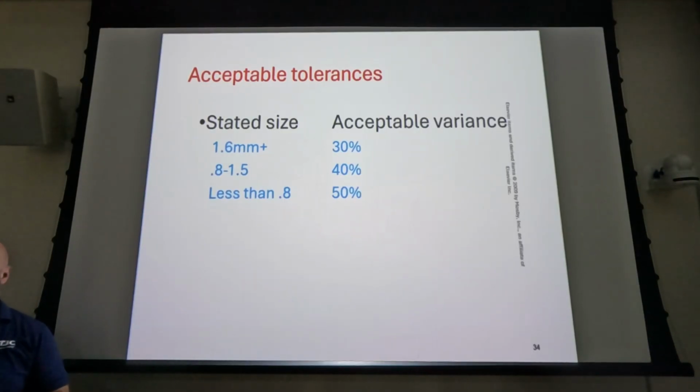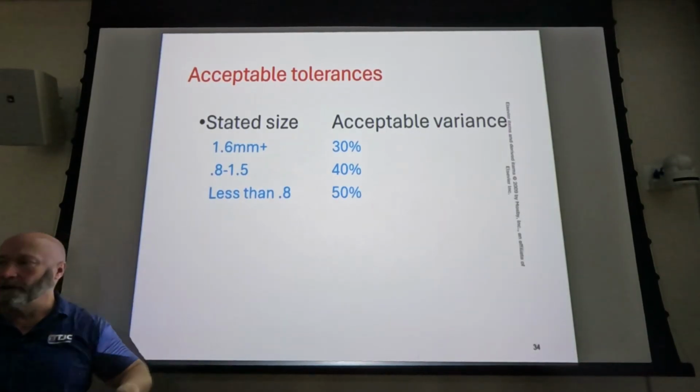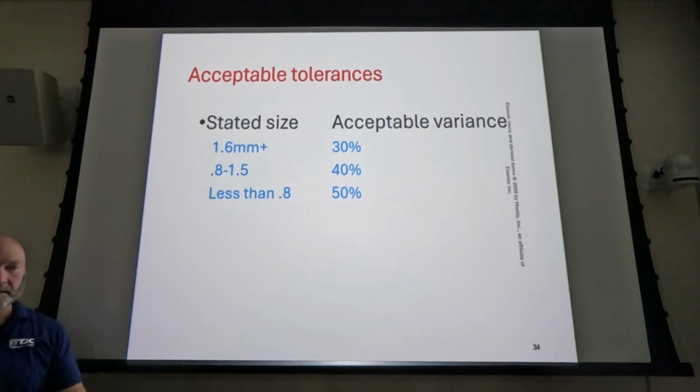Your timers should be accurate, but there are variances for each one. And that is that your machine's never going to be, I won't say never, but every machine is never going to be perfectly on point with every one of your exposure factors. So you have a variance.